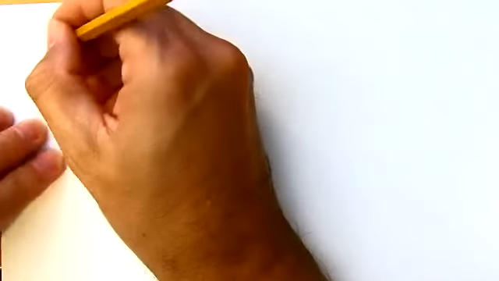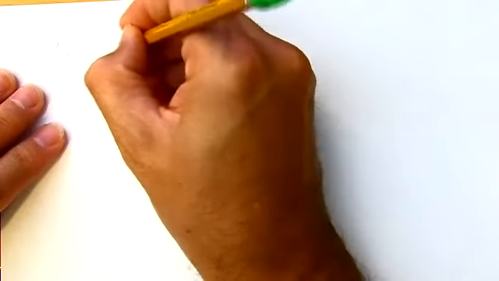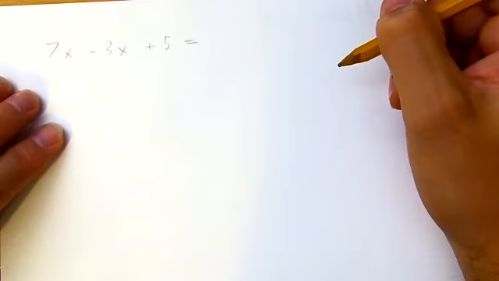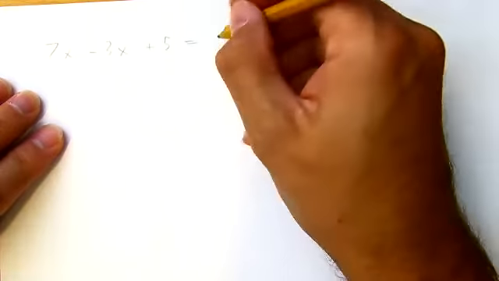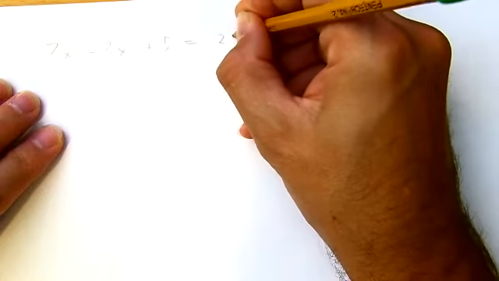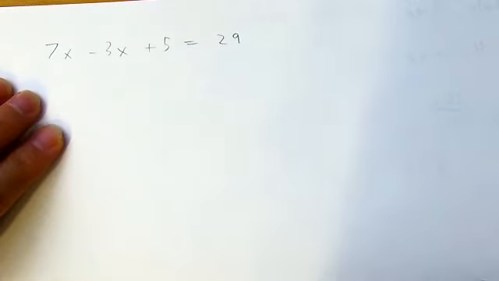I'm going to do 2 that I want you to try on your own. 7x minus 3x plus 5 equals 29.